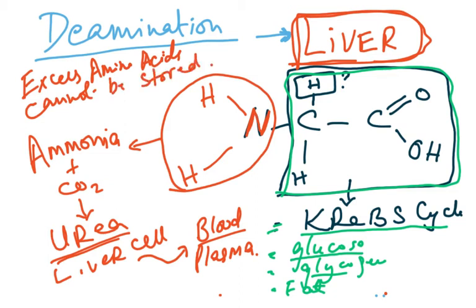As they cannot be stored, and they have a lot of energy, we're going to remove the amino part and convert it to ammonia. Then the ammonia combines with carbon dioxide and we form urea. This whole thing occurs in the liver cell, and then the urea is going to enter the blood and be carried in the plasma.